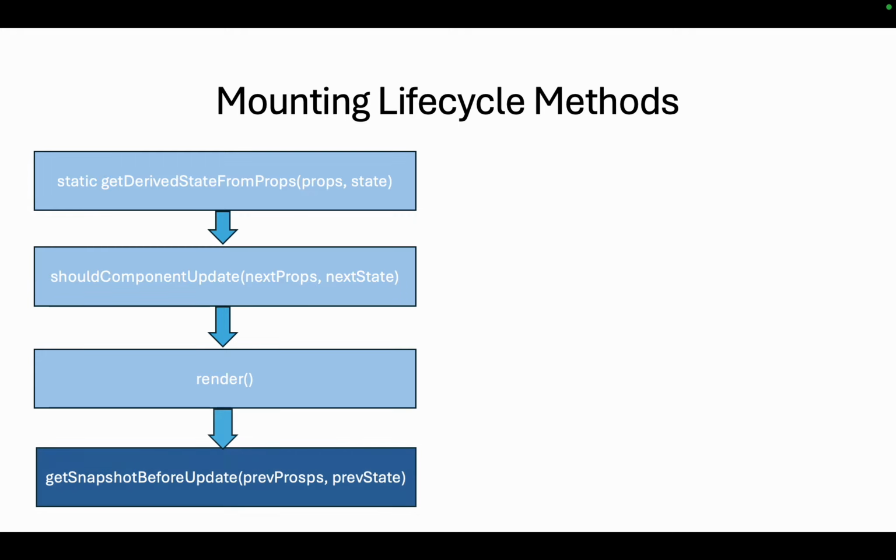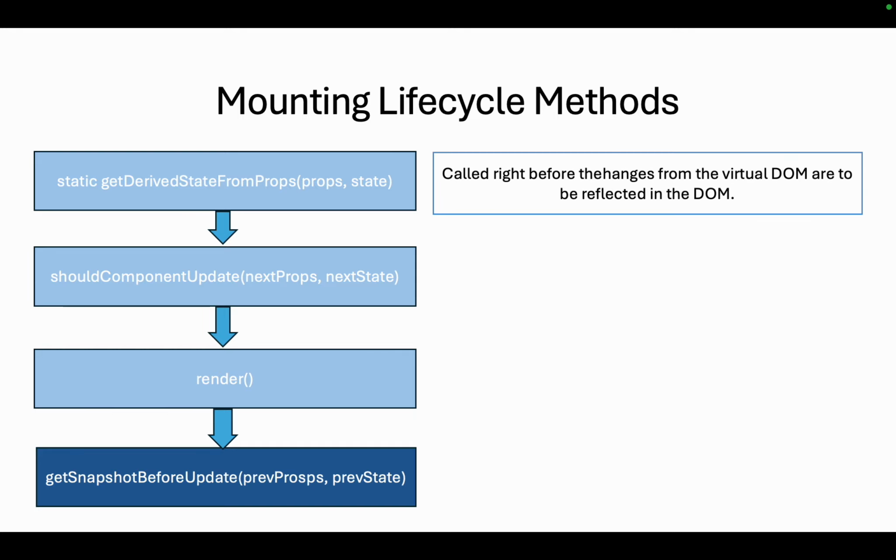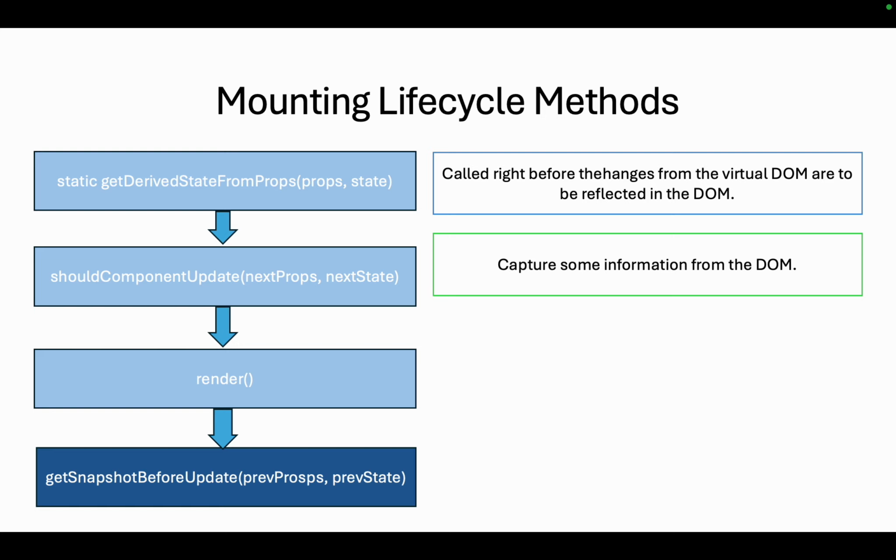Moving forward, the next method is getSnapshotBeforeUpdate. This method takes the previous props and previous state as input and lets you return either null or some value. It's called right after the DOM is updated or re-rendered, and it captures some information from the DOM.